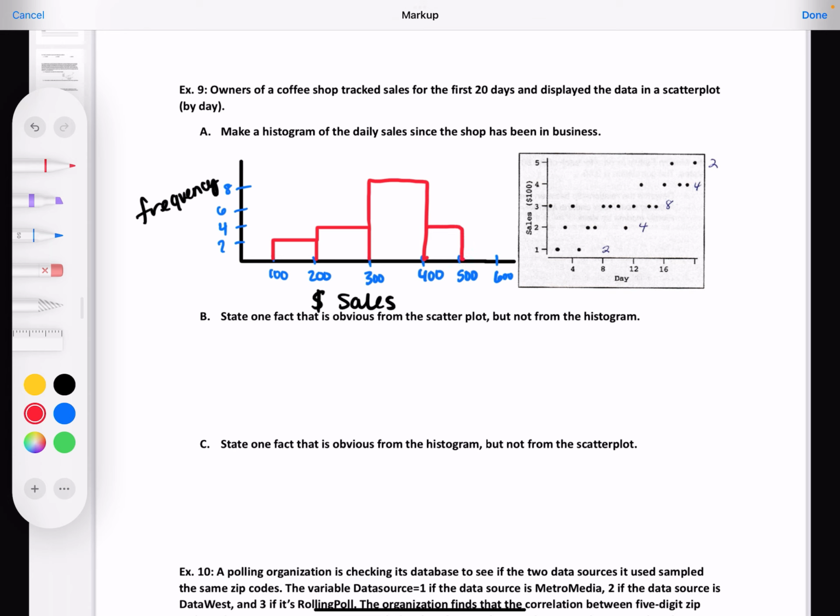And $500 days, we had 2 of them. So obviously my bars aren't exactly equal, but close enough.